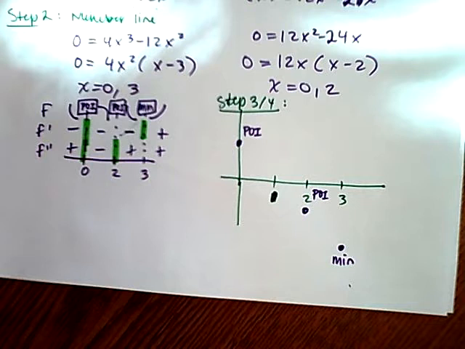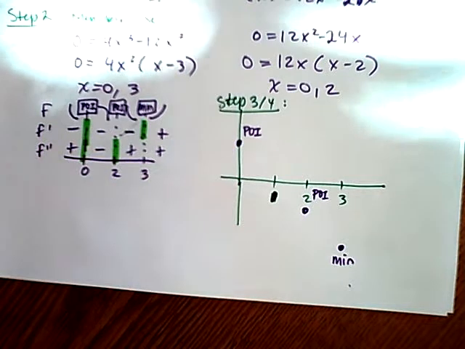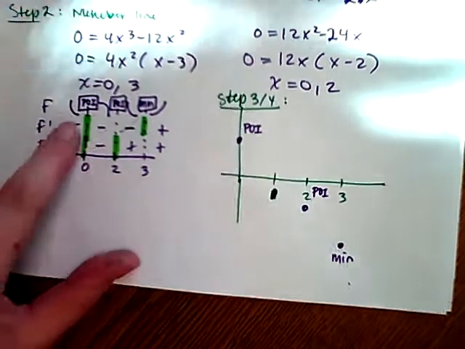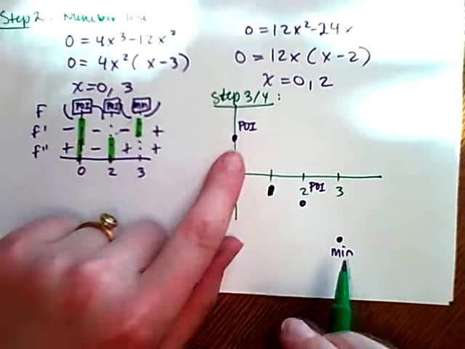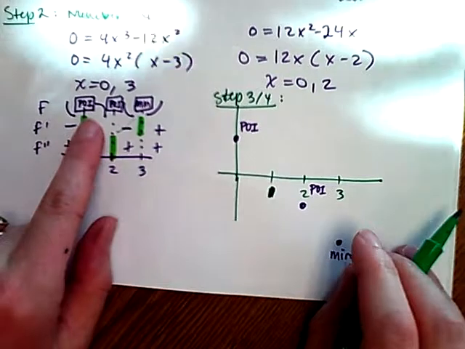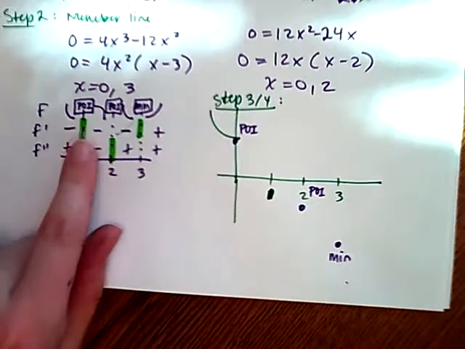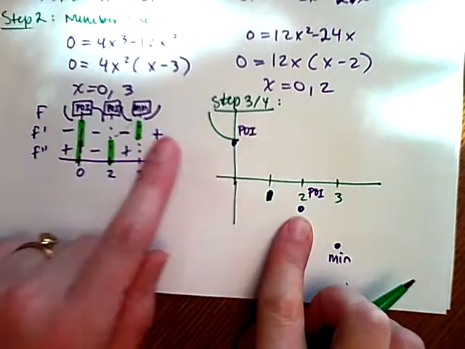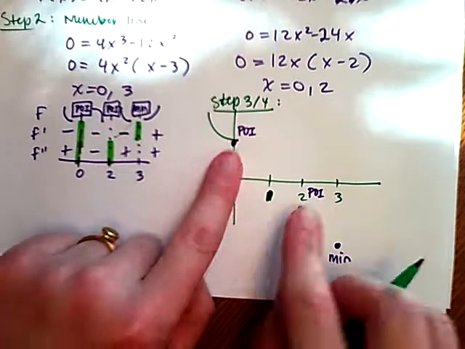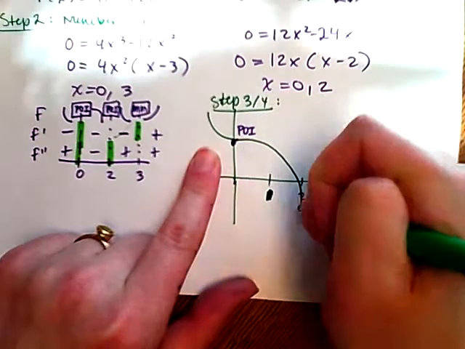Now I need to sketch in between those points. Okay, so this might feel like the hardest part, but I'm really just looking here as a cheat sheet. To the left of this point of inflection, I should draw a shape like that. There we go. Then, connecting these two dots, I need to draw this curve. So I should draw it like that.